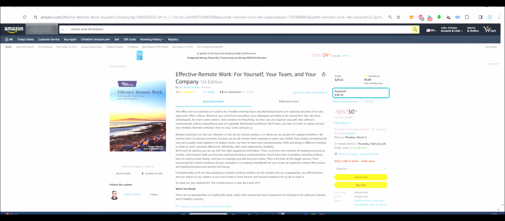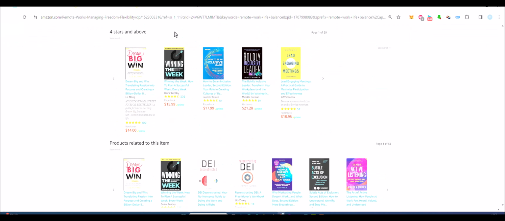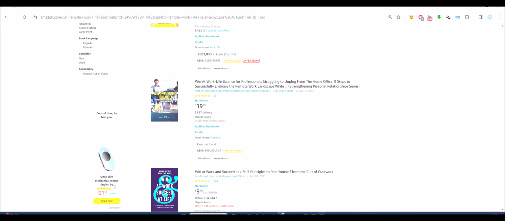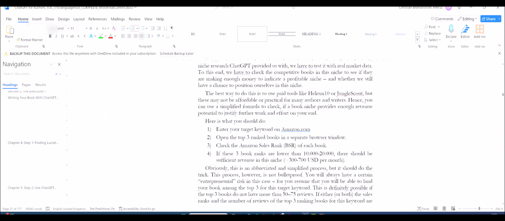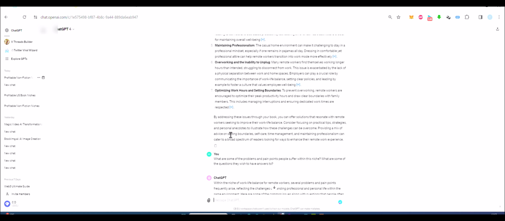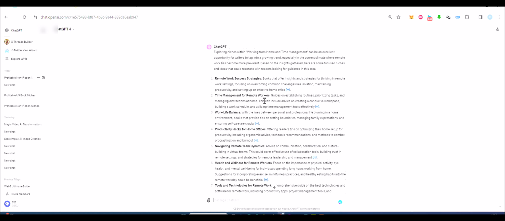All right, so this basically tells us that the book topic we picked is not as attractive as we would wish it to be. So that makes me think we'll go back to ChatGPT and pick a different focus.